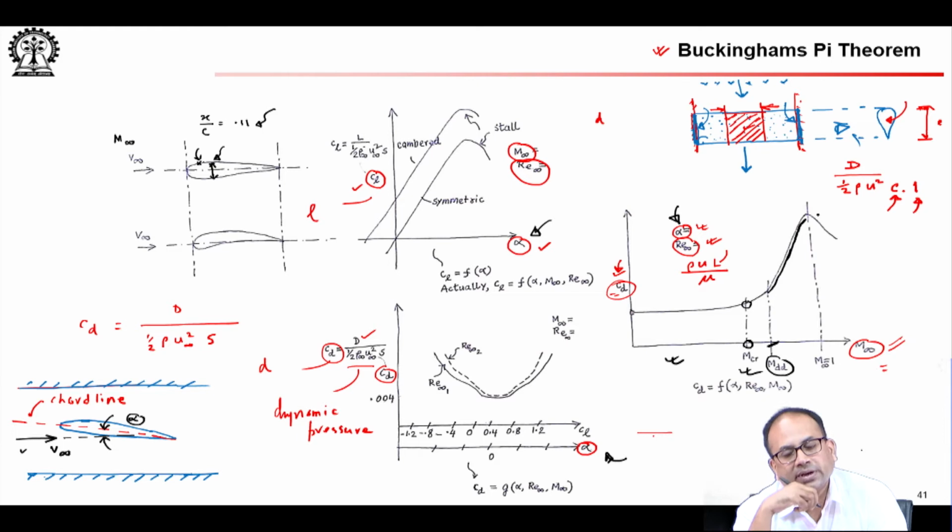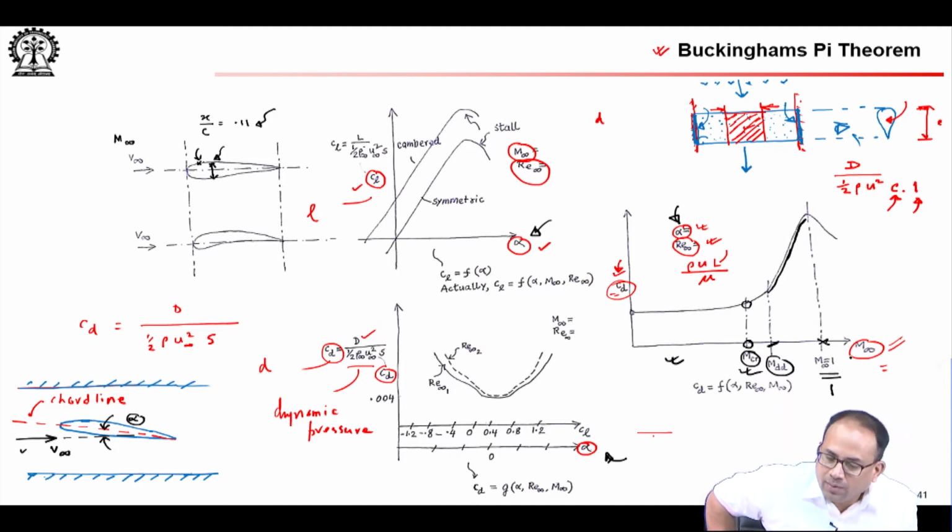at a very steep rate, and this is where you have sonic free stream condition, so Mach number 1 in the free stream. Mach critical is about 0.8, this is of course Mach 1, and Mach drag divergence occurs somewhere in between 0.8 and 1.